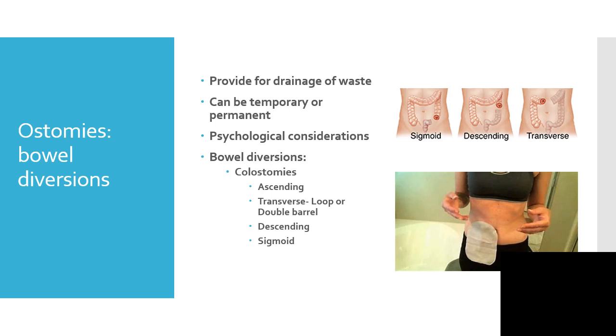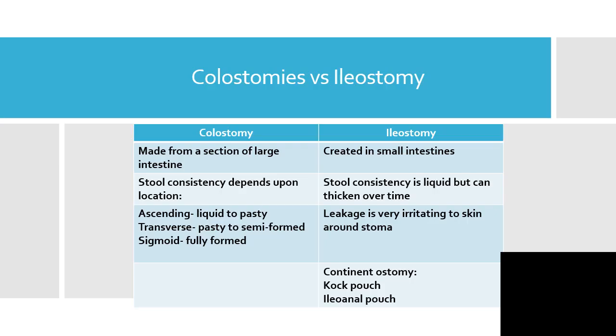There are multiple types of diversions, depending on where they take place along the colon. Colostomies may be in the ascending, the transverse (loop or double barrel), descending, or the sigmoid colon. And there are differences between a colostomy versus an ileostomy. Colostomies are made from a section of large intestine.